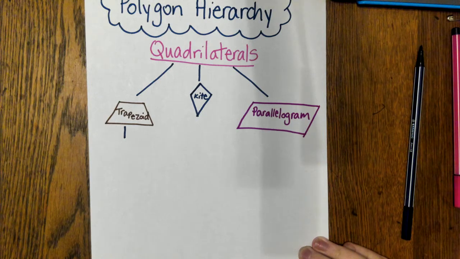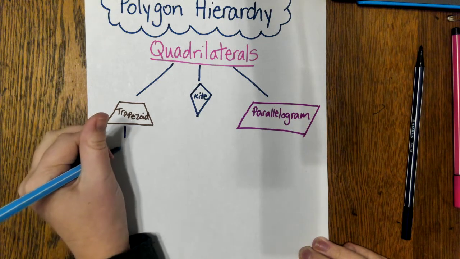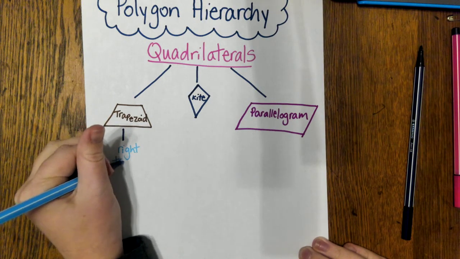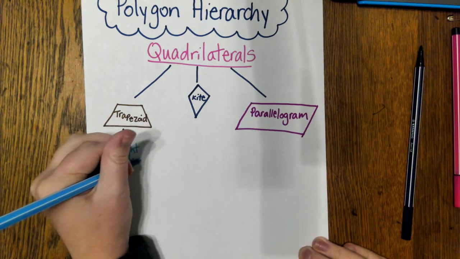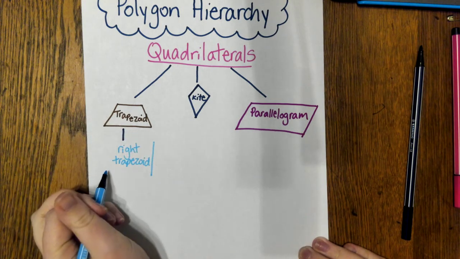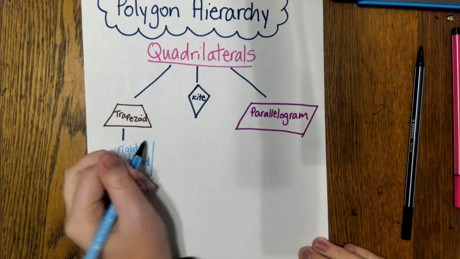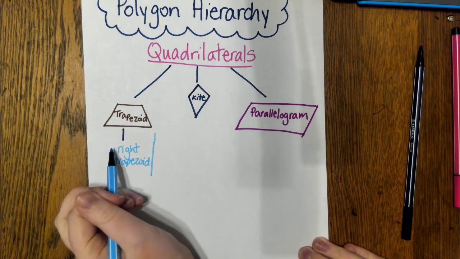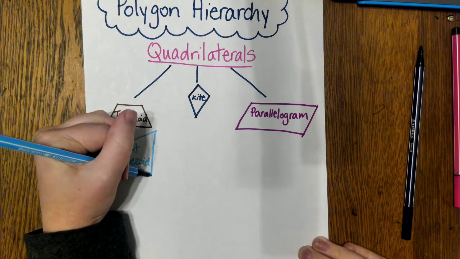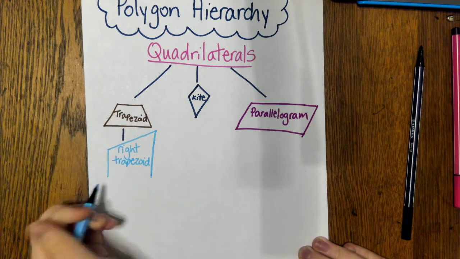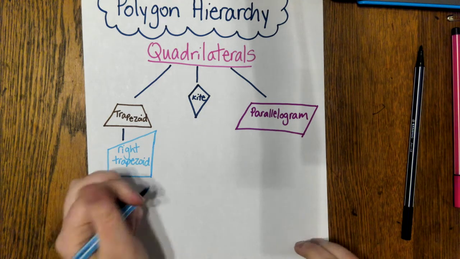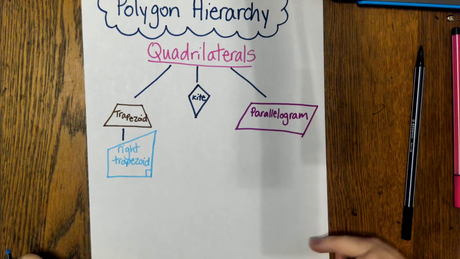It's going to have a right angle. There you go, a right trapezoid. And I'm going to make sure to mark my right angle.